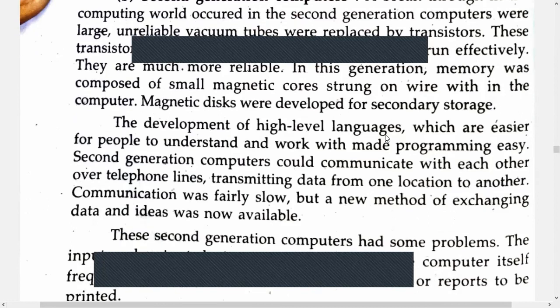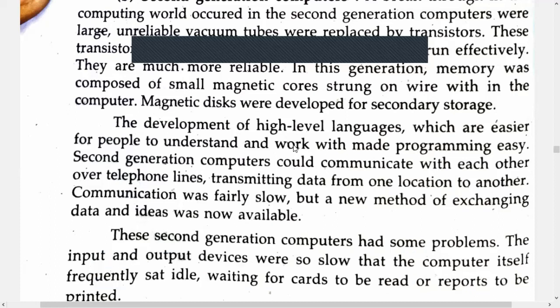The development of high-level languages, which are easier for people to understand and work with, made programming easy. Second generation computers could communicate with each other, that is, network. Earlier, in the first generation, they were of bigger size, about half of a room, and used to occupy more space. However, in the second generation, the transistor came, the efficiency increased, power consumption was less, and programming became easier.